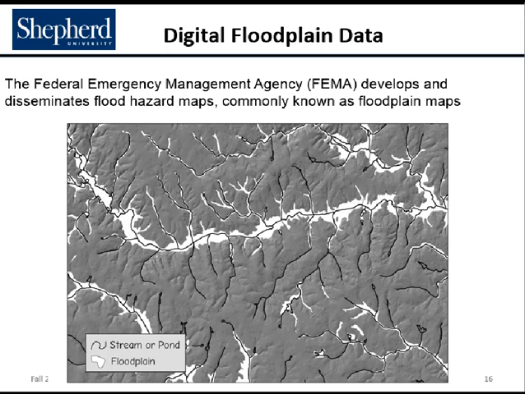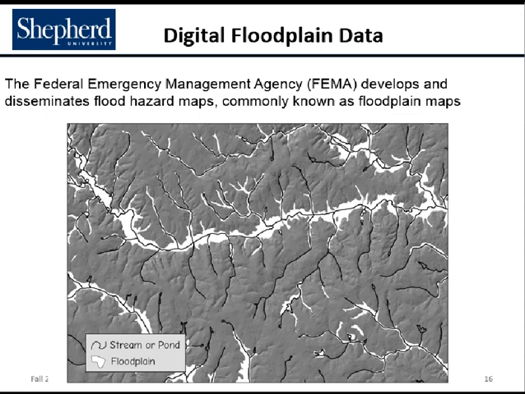Floods cause between 5 billion and 18 billion a year in damages, and this damage could be reduced with the effective application of GIS. A first step in reducing damage is the mapping of flood-prone areas. The Federal Emergency Management Agency, FEMA, develops and disseminates flood hazard maps, commonly known as floodplain maps.